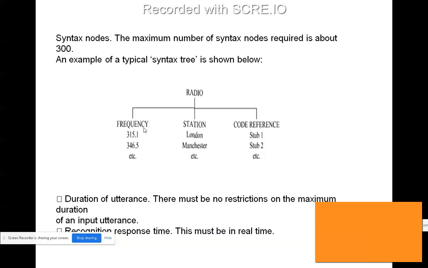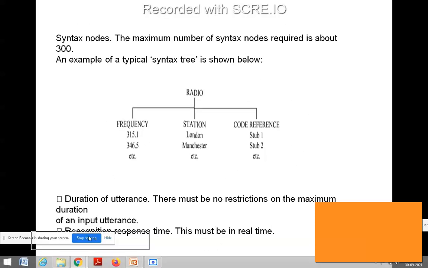This is radio signal, that is for changing or fixing the frequency. So frequency, station, code reference. Where you are going to change the frequency, the transmission line as well as the station as well as the frequency range will be provided in the syntax.